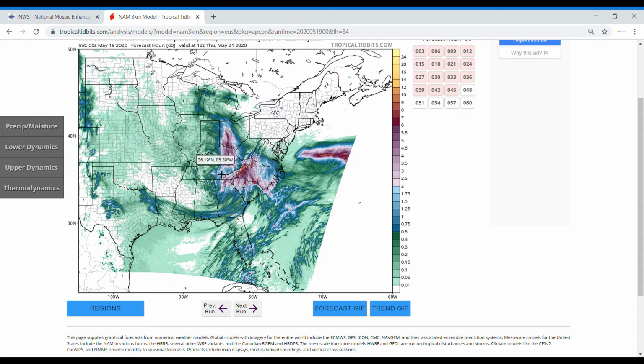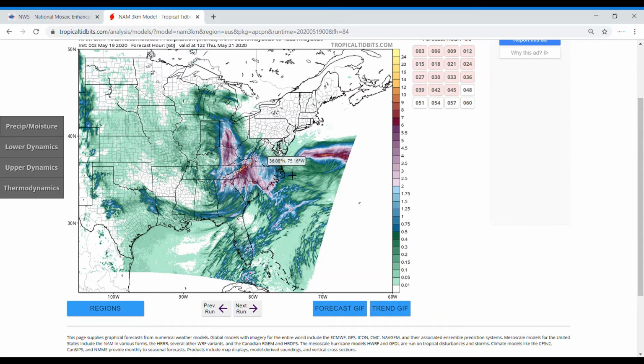Then you have areas outside of the mountains, and even in Ohio here, getting 6 to 12. Then you have areas in Ohio, parts of West Virginia, parts of Kentucky, North Carolina, South Carolina, Georgia, Virginia, getting 2 to 6 inches, including some of the spots that were just hit by Arthur.